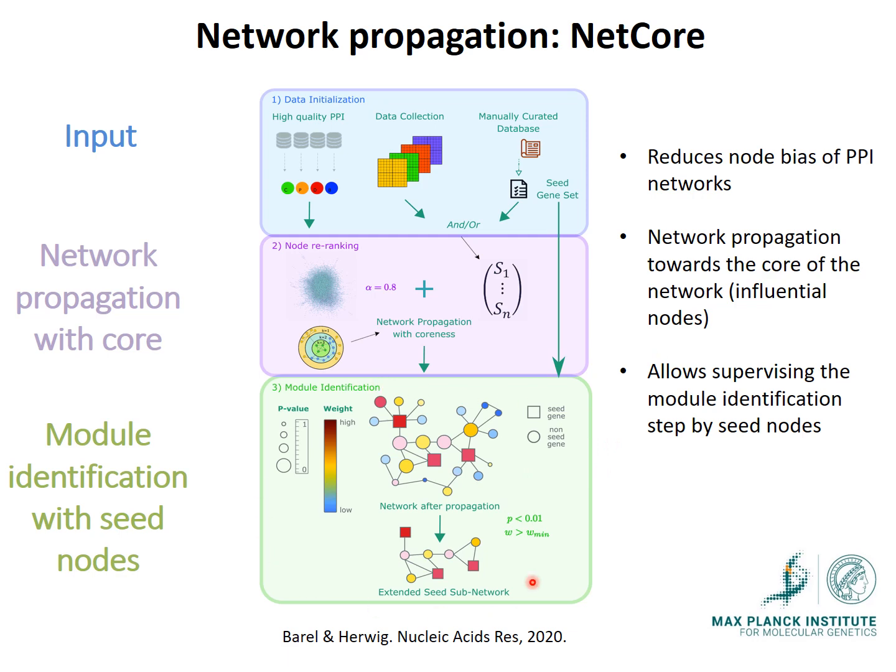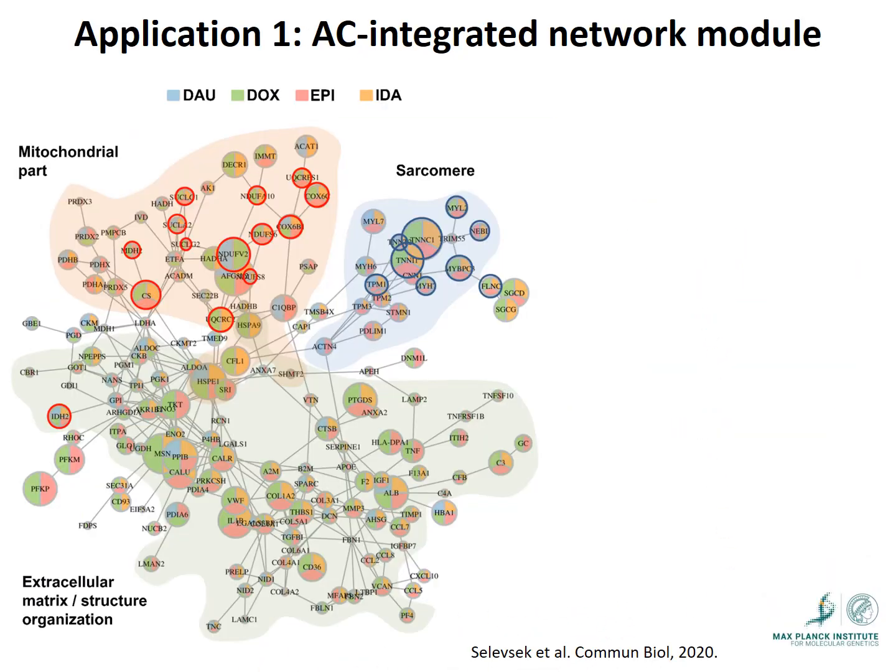And the second step is module identification. So from the re-ranked graph, we identify modules where much of the action happens. This approach has been published as well, and we can discuss it at the poster.